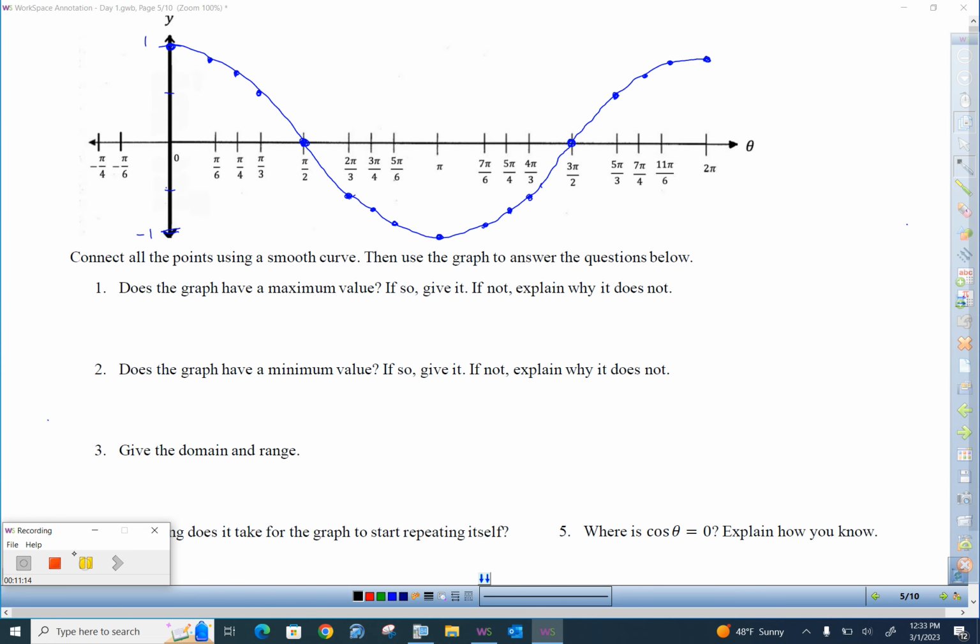All right, the table of values should have gotten you a graph like this, but again, we're going to talk about extending it past. So thinking about this unit circle again, if I go past 2 pi, the cosine value is positive, okay? And we're going to never go past this 1 value, so it has to go down from there.